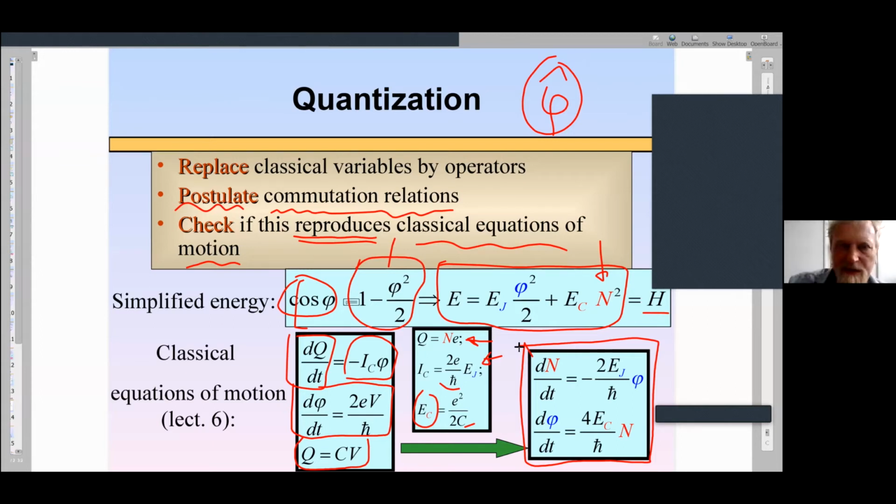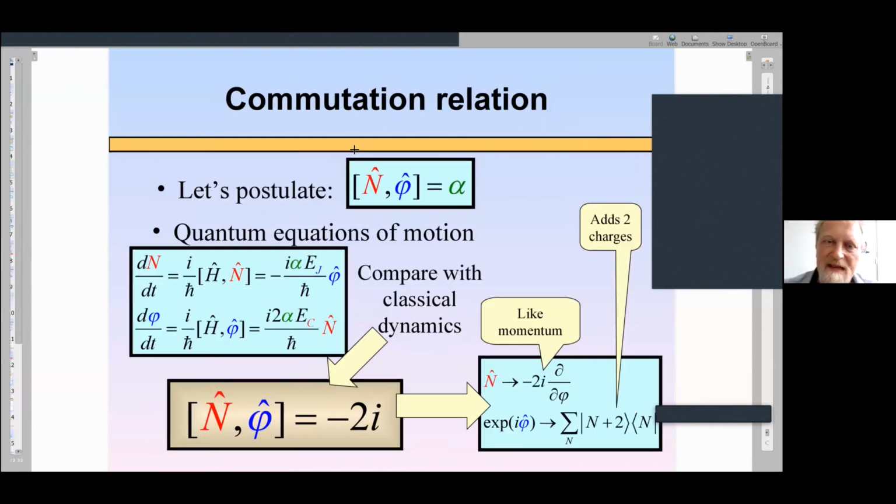But to make them quantum, we will postulate that the operator of charge, or number of particles, and the operator of phase satisfy a canonical commutation relation with a yet unknown parameter alpha.